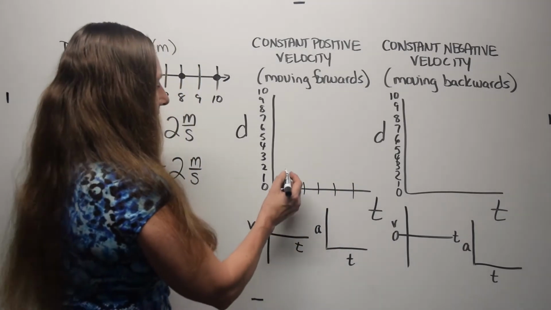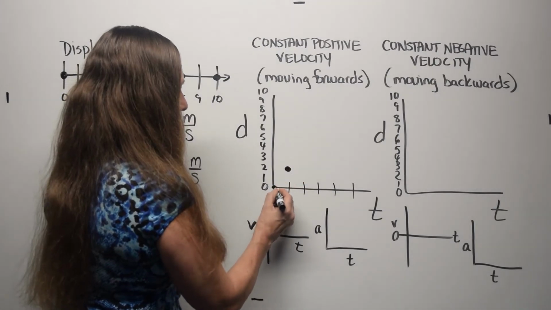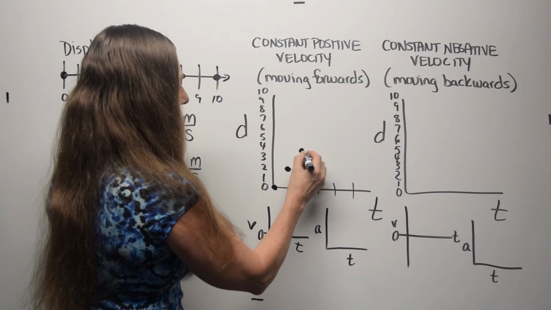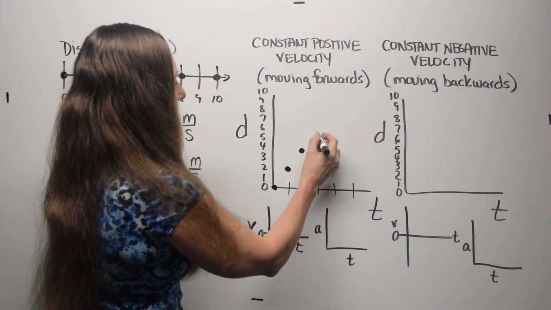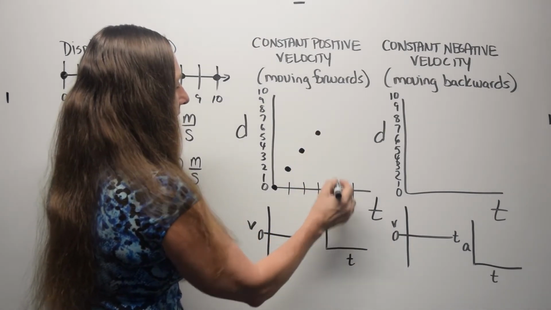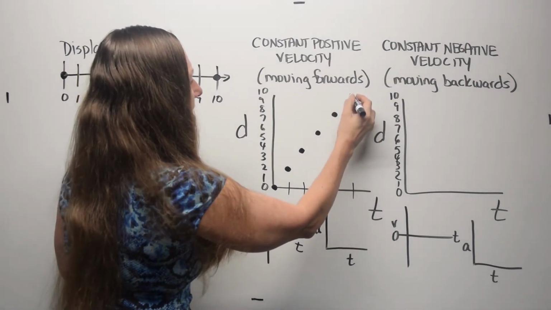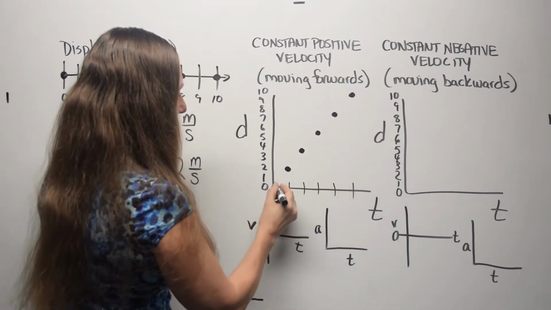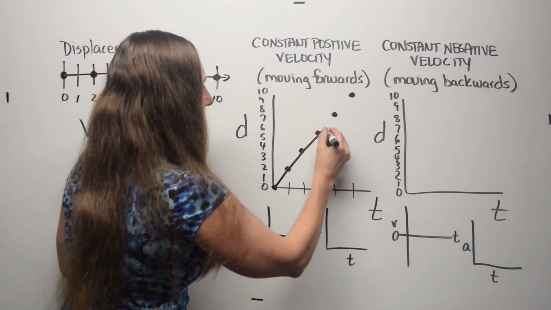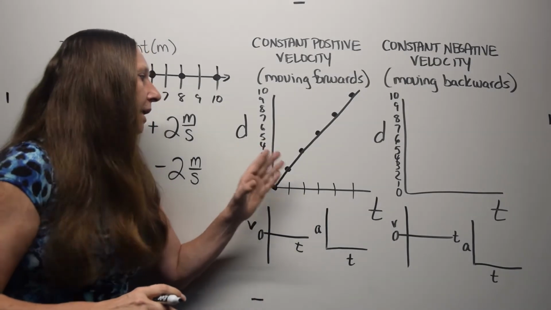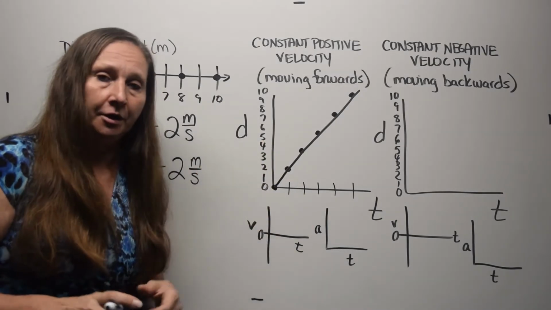Nathan is at 0, then he's at positive 2, then 4, then 6, then 8, and then 10. So this is showing constant positive velocity. And again, keep in mind, my lines should be straighter.